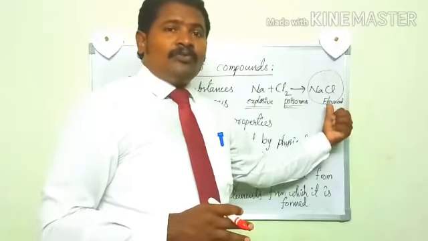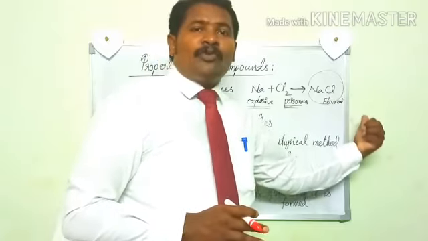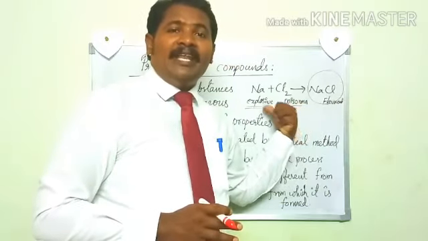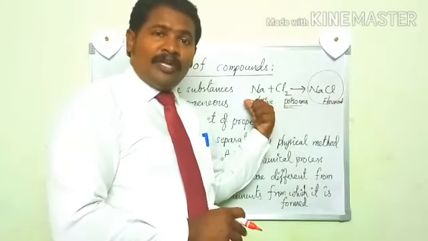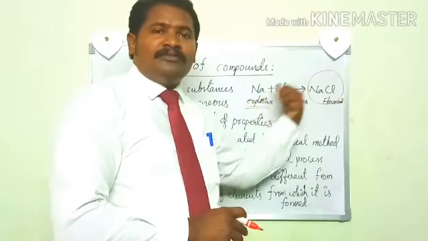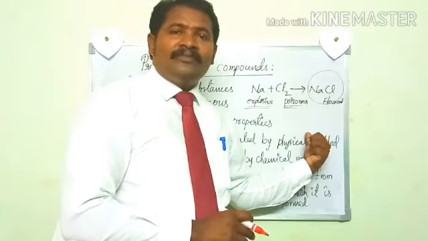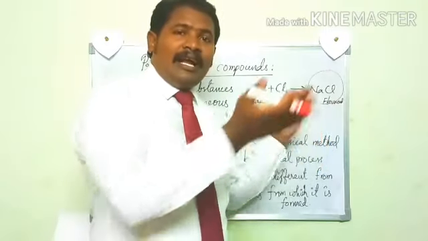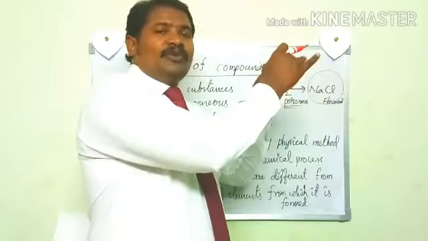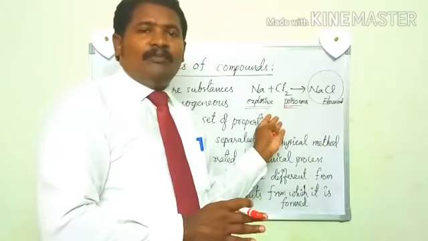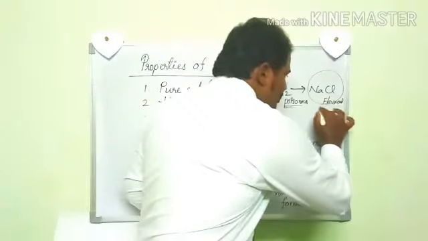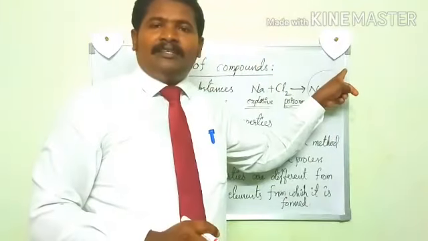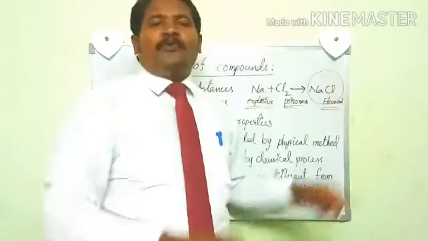See how the properties of the compound sodium chloride are different from the elements from which it is formed. Sodium is explosive, chlorine is poisonous, and when these two elements combine chemically, they form a new substance. The new substance has its own properties.